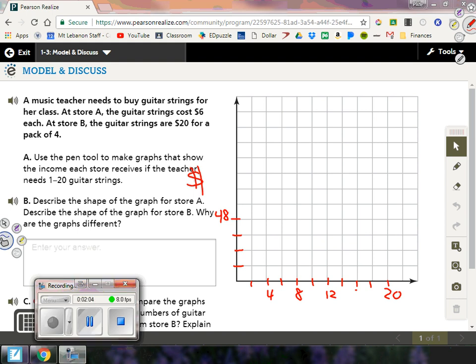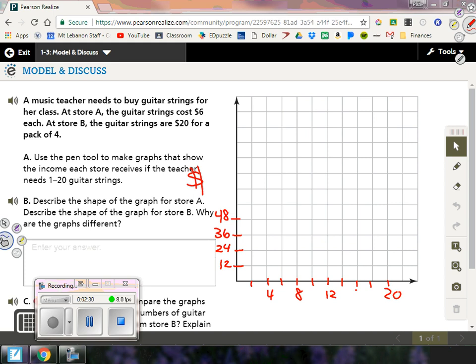So we are ready to graph store A. At store A, each guitar string is $6. So what's my scale here? 12, 24, 36. We're going to use dots to make the graph because you can't buy guitar strings in increments that aren't whole numbers.